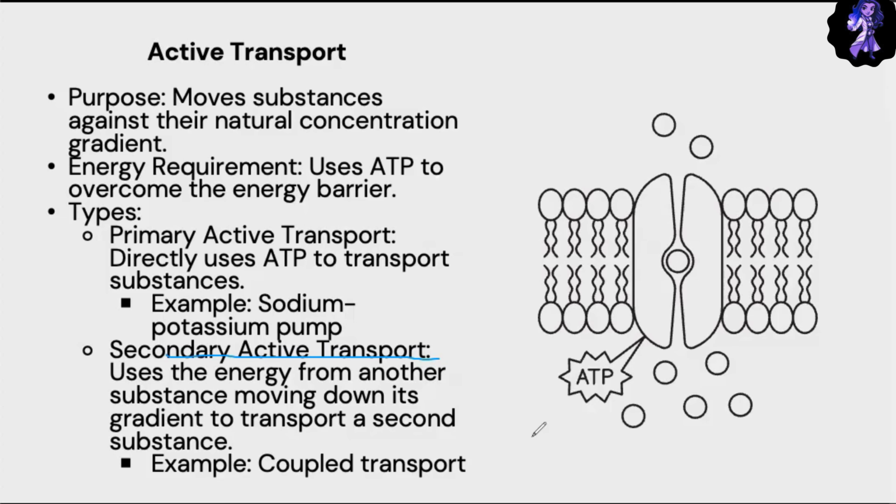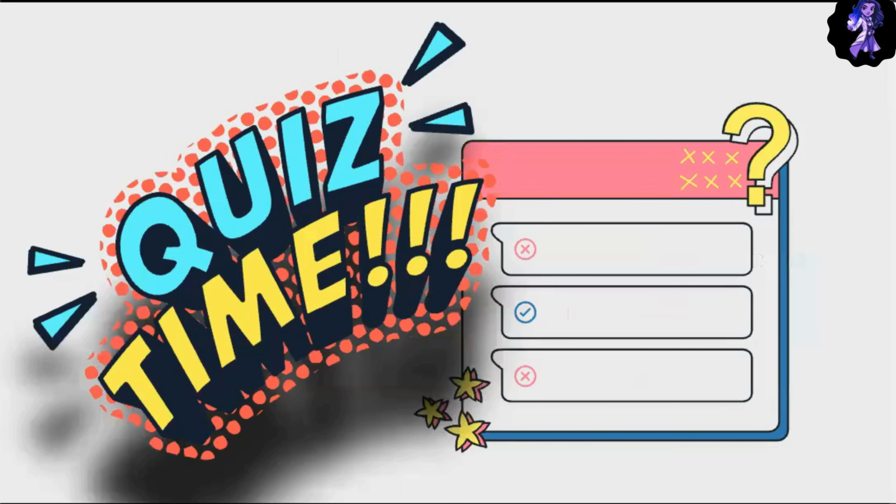So, for example, there might be a molecule inside that produces ATP, then provides that for this specific protein to have ATP of some sort to assist. So that is active transport if it's a secondary active transport.